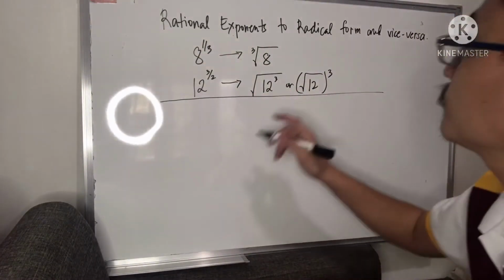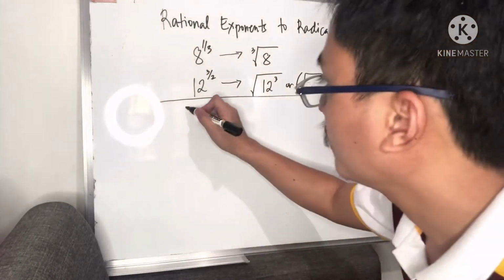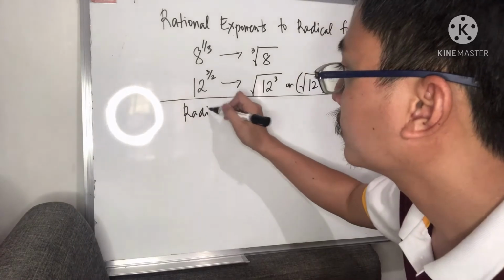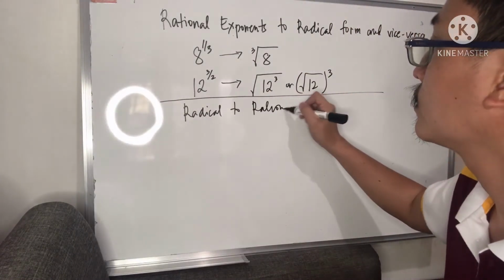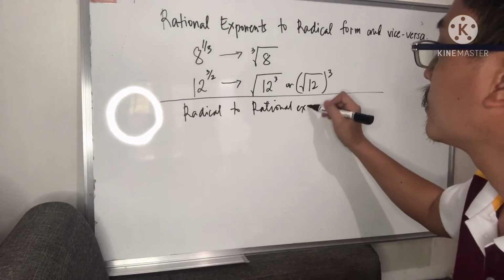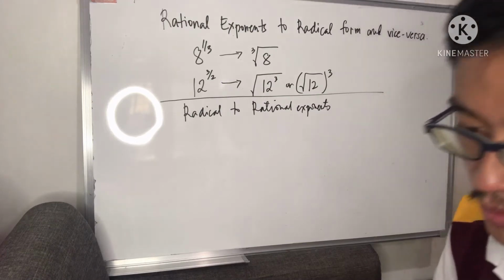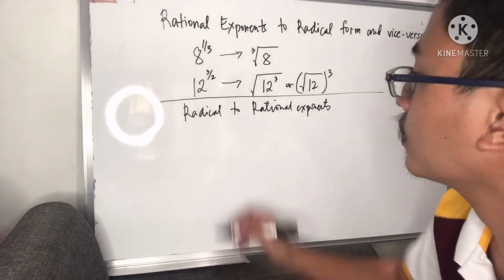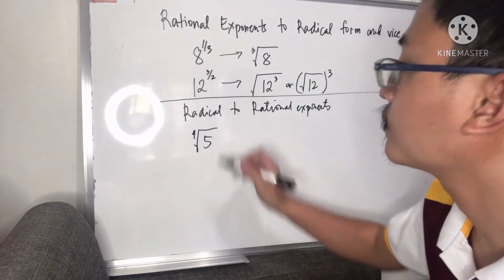So, paano naman from radical to rational? Radical to rational exponents. So, let's say meron akong the fourth root of 5.